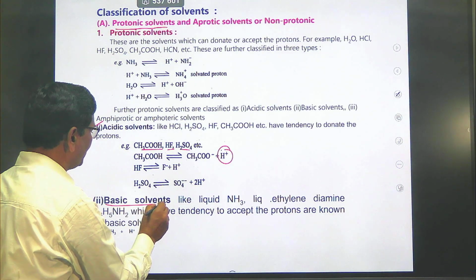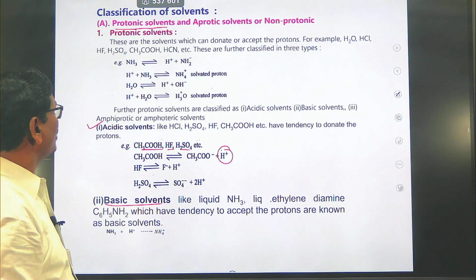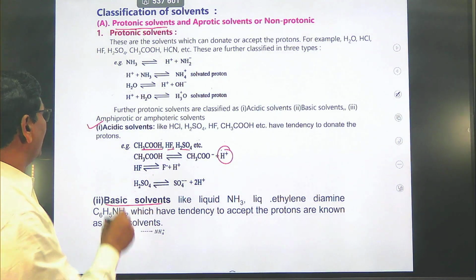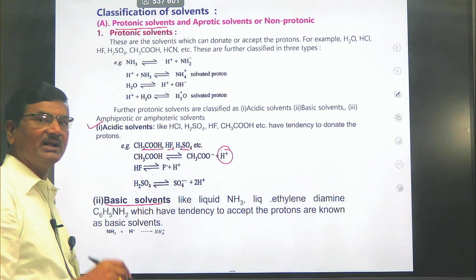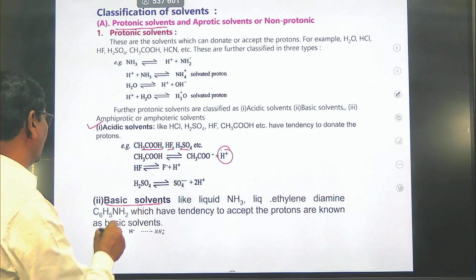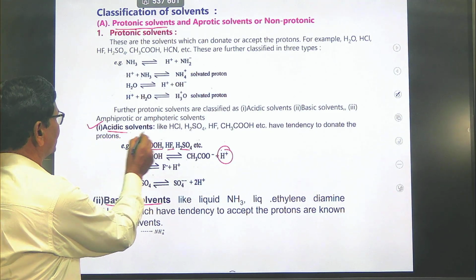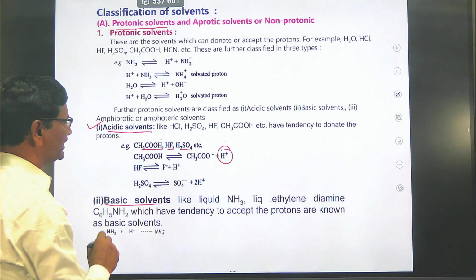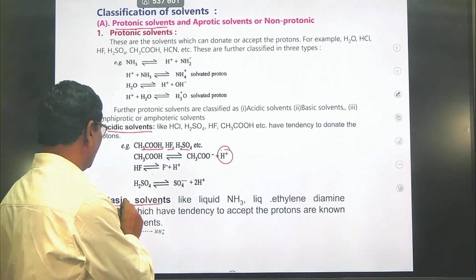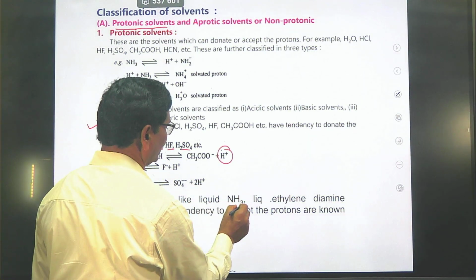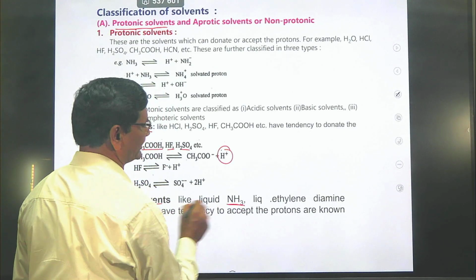Then the second one is the basic solvent. Protonic solvents are divided into acidic solvent, basic solvent, and amphoteric solvent. This is the first, the acidic solvent. Then the basic solvent, which is basic in nature.